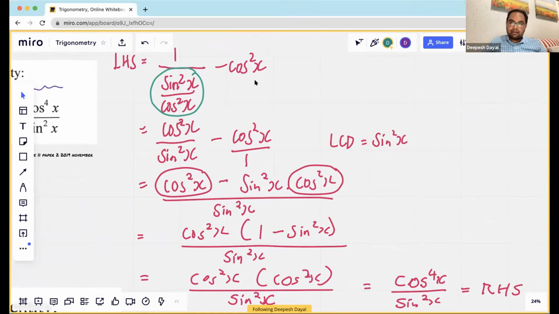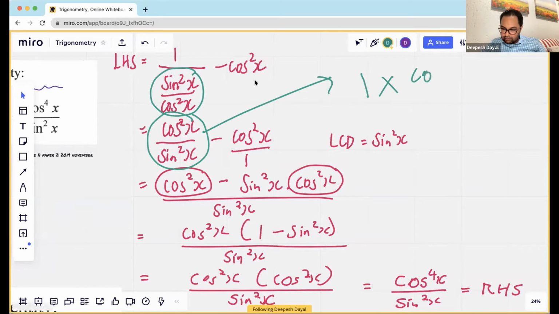Yes. And then you times the 1 by the cos squared x over the sin squared x. So that's how you got it. Yes. I'll expand this out for you. This one here is actually 1 times cos squared x over sine squared x because we do the tip in times.